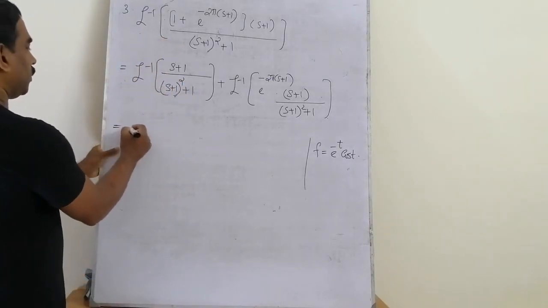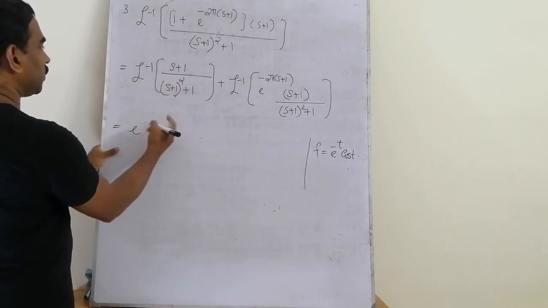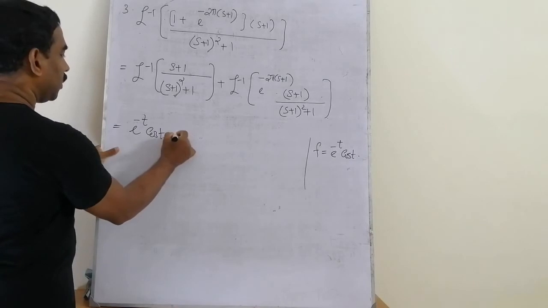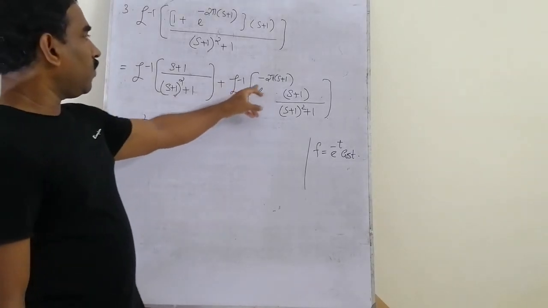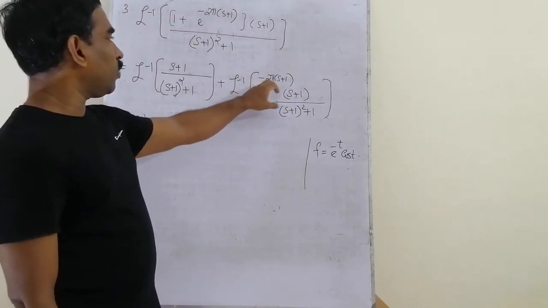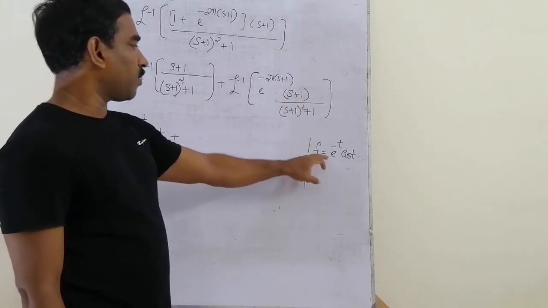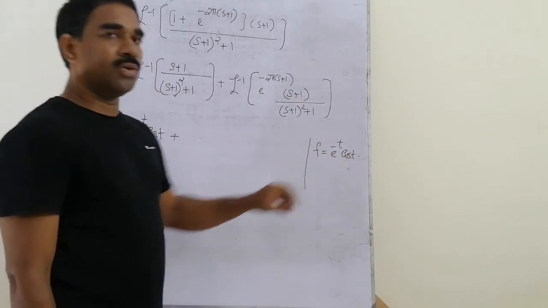So by first shifting theorem, L inverse of (s plus 1) by (s plus 1) square plus 1 is e raised to minus t into cos t. Plus, the second inverse Laplace transform is of the form e raised to minus as into F(s), where this F(s) has inverse Laplace transform e raised to minus t into cos t.